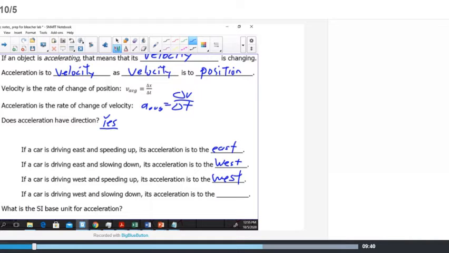Car is driving to the west, but slowing down. What arrow do we add to our top one to get to our bottom, so that our sum is the bottom one? You have to add a little arrow going back to the right. Acceleration here is to the east or positive.